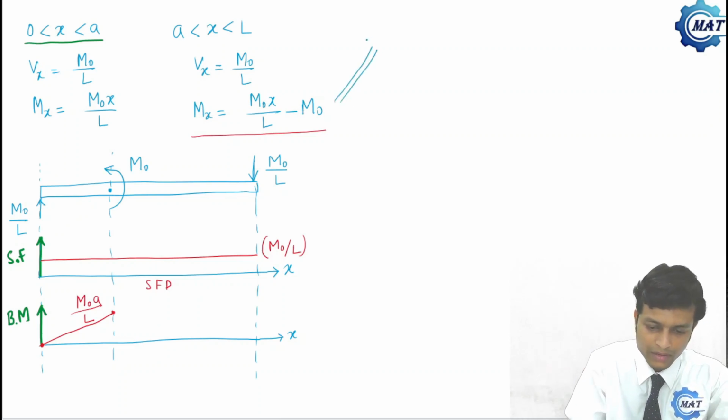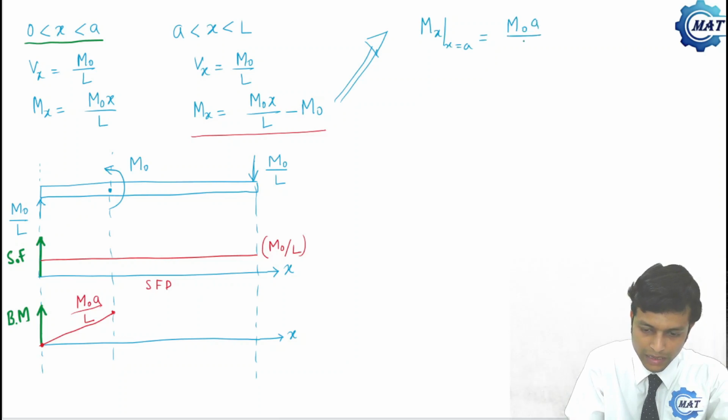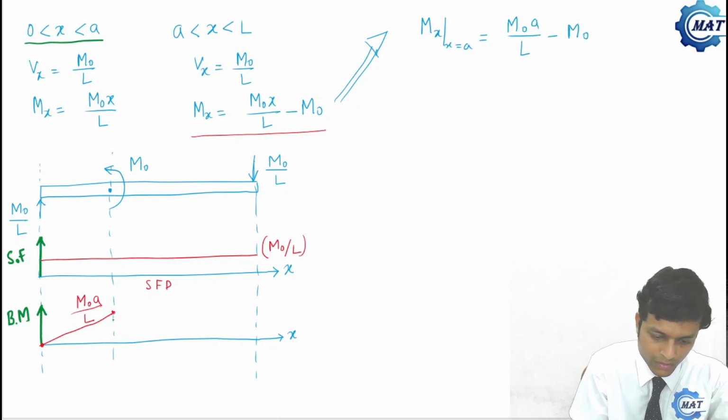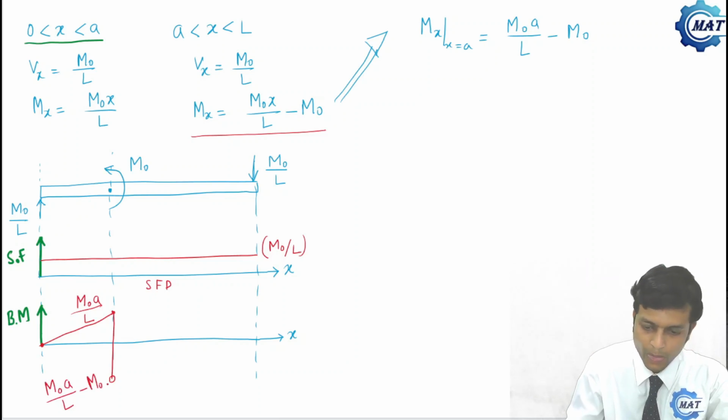Mx is M0 a by L minus M0. So we have that value here.